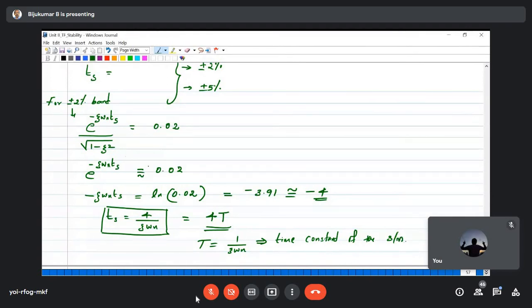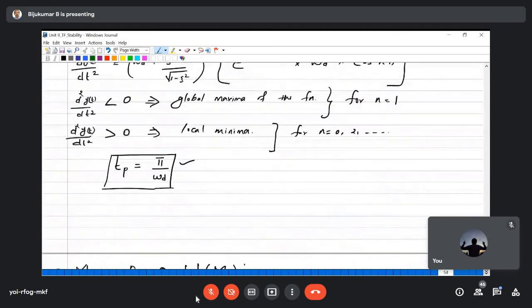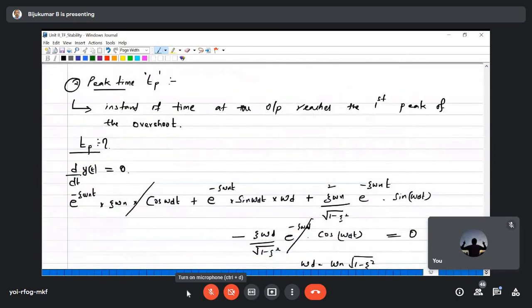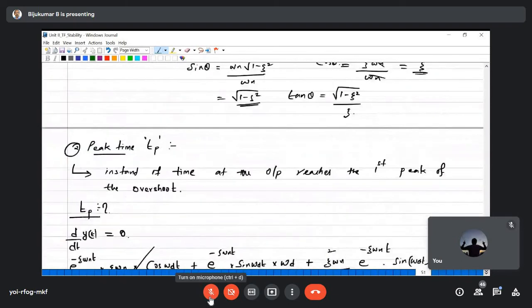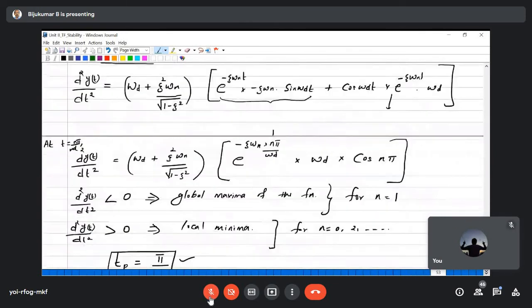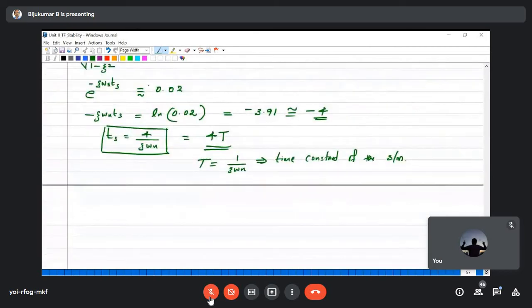How have we taken 1 by zeta omega n as the time constant? For a first order system, what is the time constant? Here, what is the exponent of the time constant you see? It is e power minus zeta omega n t, right?